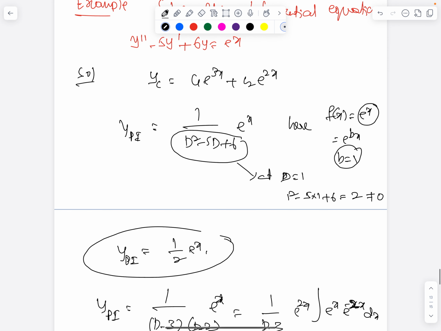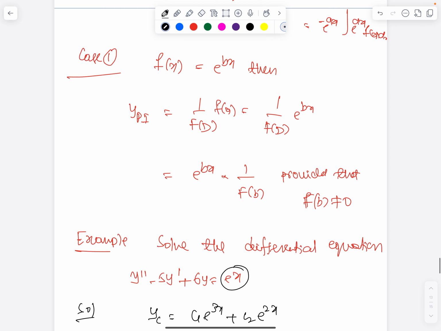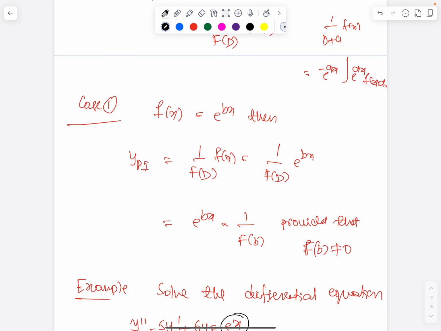The shortcut method is always acceptable provided that it is of this form, e power bx form only, and whenever you replace the derivative by the coefficient of x, it should not be 0. That's why we have used F of b, where capital F of b is non-zero. The operator D is replaced by the coefficient of x here, and that must not be 0.